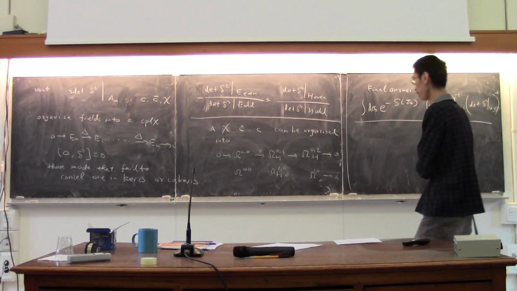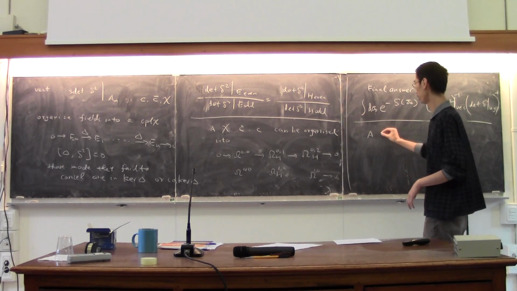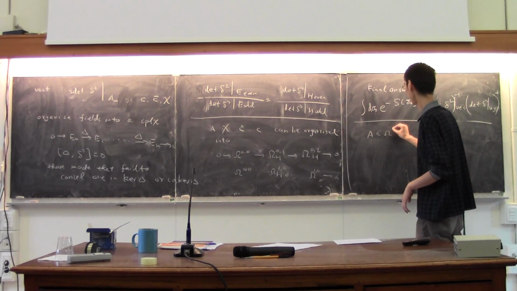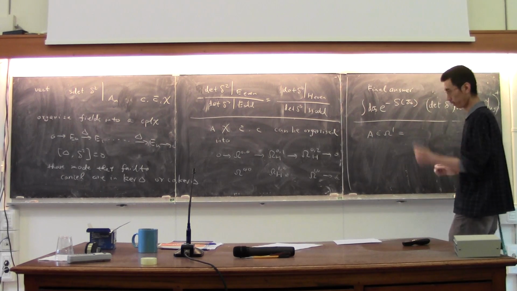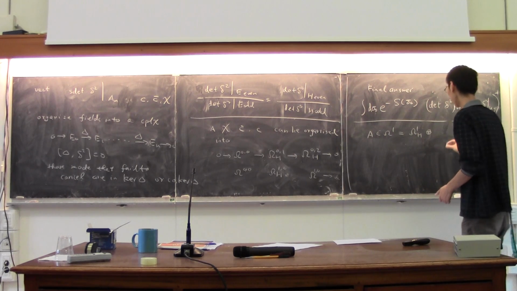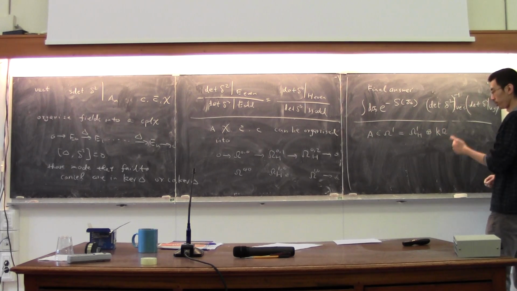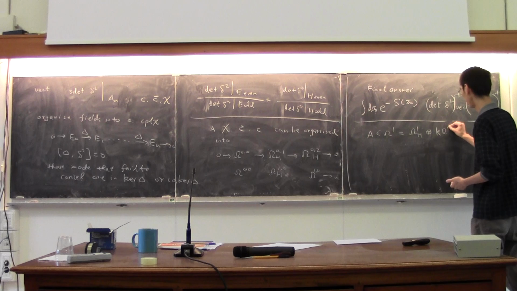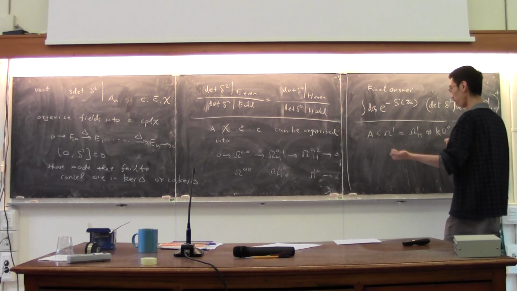So the decomposition goes like this. A is a one-form, but it can be decomposed into a vertical component and a horizontal component. For the vertical, you can write it as just a zero-form because you have the kappa, which is the contact form. Now this one can be further decomposed according to holomorphic and anti-holomorphic.